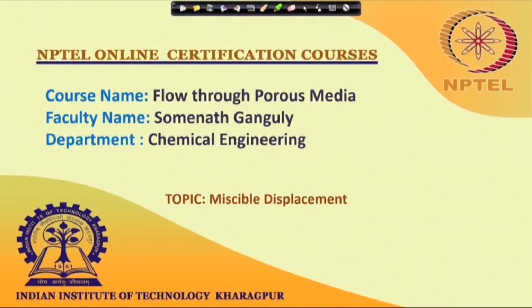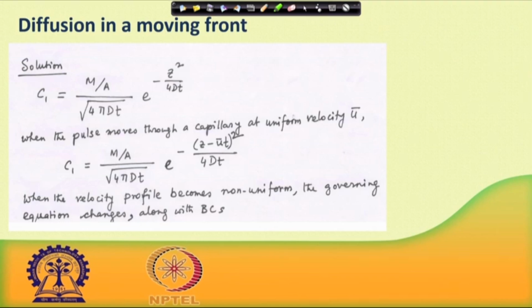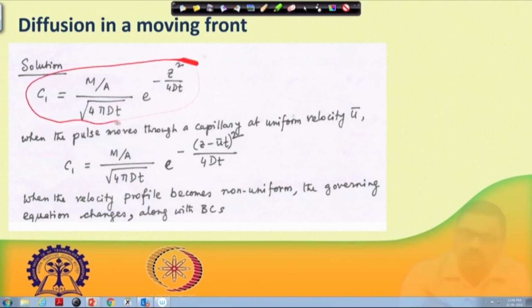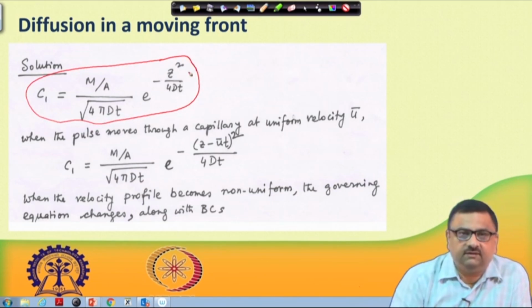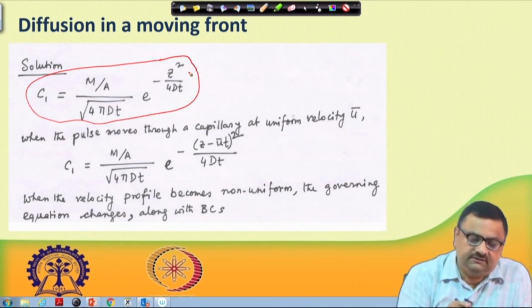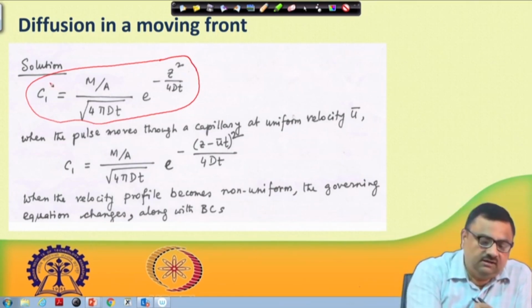So, we started with the definition first, the case where you have a static pool of liquid in which a drop of ink is placed. It has nothing to do with porous medium, and we ended up with an equation. We have not given you the derivation as such, but we showed the governing equations we used to arrive at this equation, and we said that this C1 is a function of position and time.